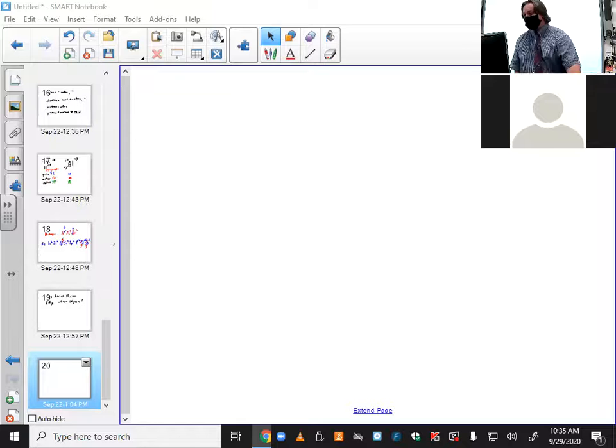A lot of questions about evolution and how evolution works. Why do the finches on the Galapagos Islands have different sized beaks? Yeah, adaptation to what?